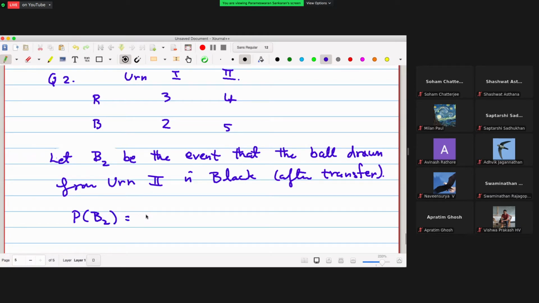So of course it will depend on the color of the ball transferred from urn 1 to urn 2. Okay.